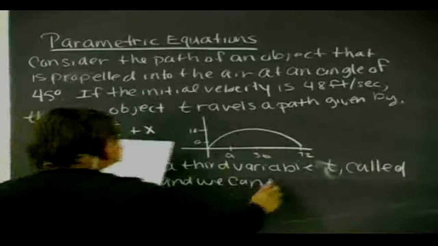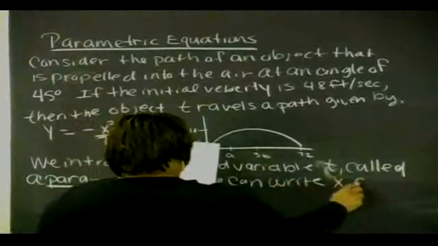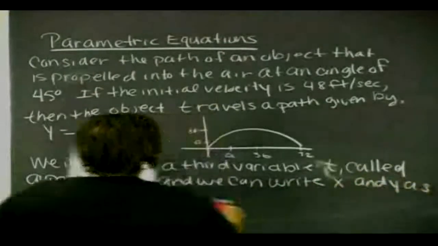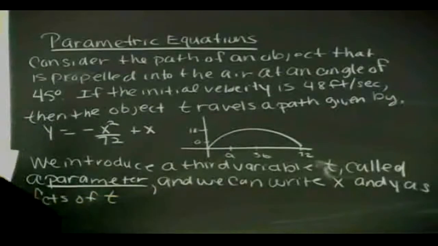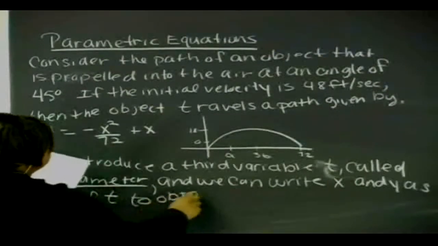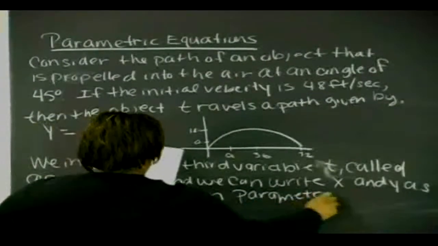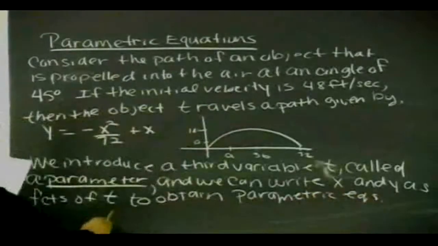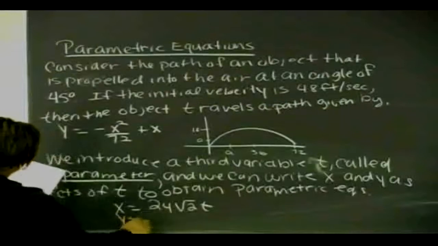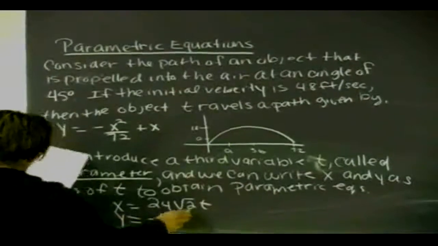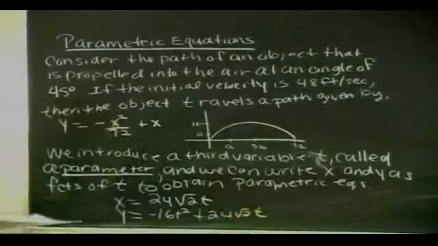And we can write x and y as functions of t to obtain a set of parametric equations. x equals 24 times the square root of 2 times t, and y equals negative 16 t squared plus 24 square root of 2 times t.